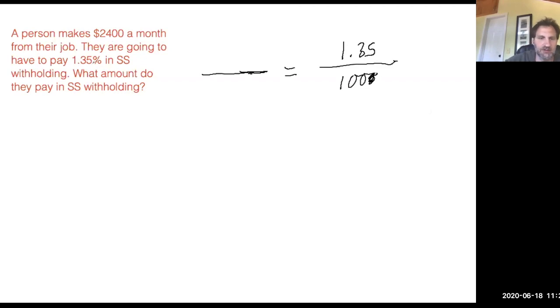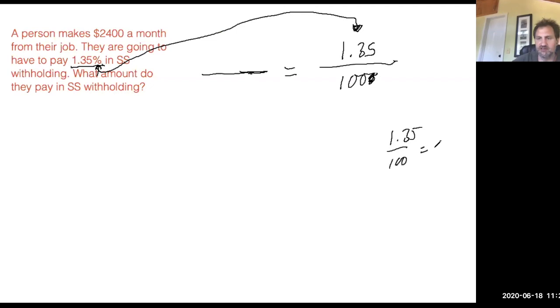And that's an easy one because the percent sign is the giveaway that that number goes there, right? We're not changing this into the decimal form of it. That's a different issue and a different process. For this proportional approach, we just write 1.35 over 100, because 1.35 over 100 is literally equal to 1.35%.